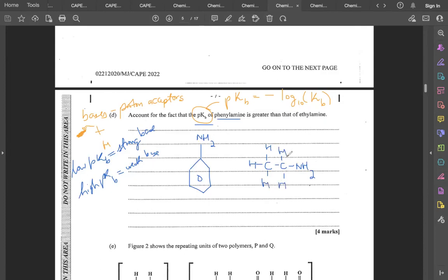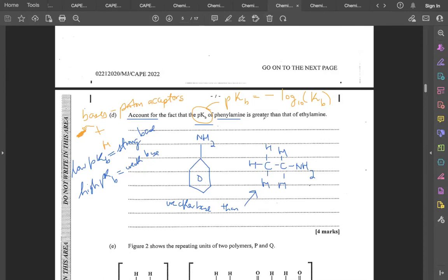So we're comparing this, and we're saying the pKb for this one is much greater than this. So this has a higher pKb, which means that it is the weaker base of the two, weaker than our ethylamine. So they're saying, account for that fact: the pKb of phenylamine is greater, which means it's a weaker base than ethylamine.